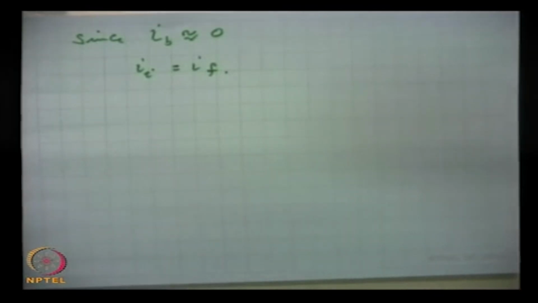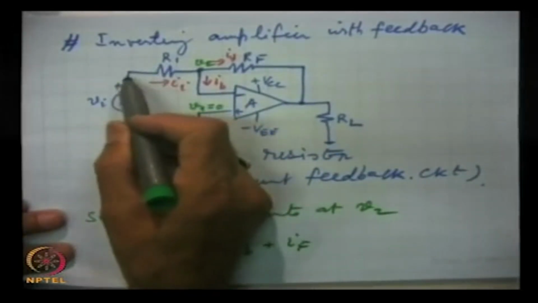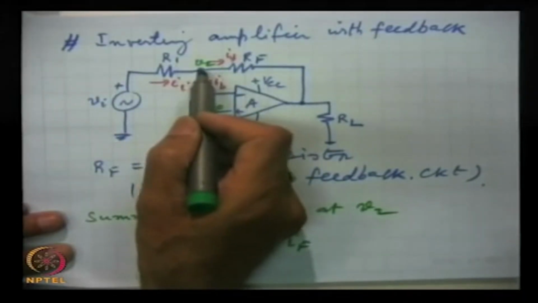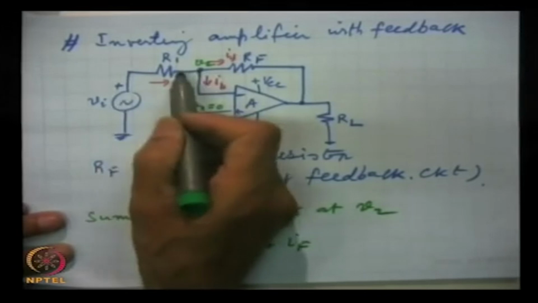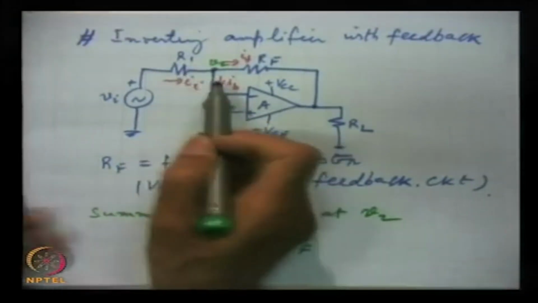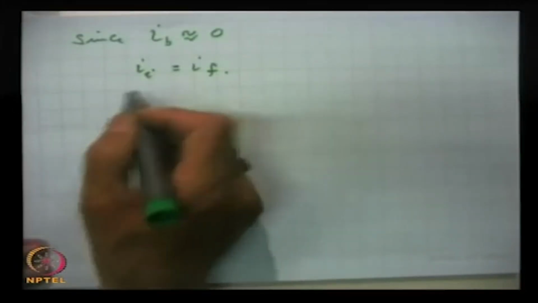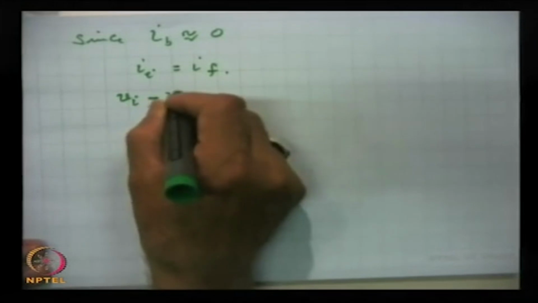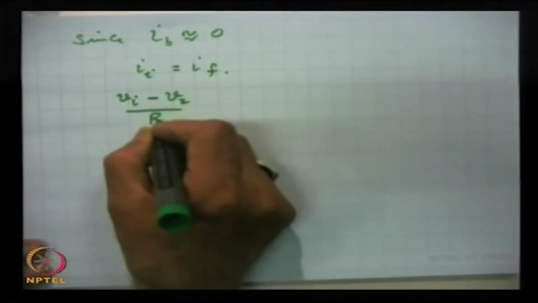Now, what is the value of II? In this terminal, one terminal is at the voltage Vi, the other terminal at V2. So, what is the current flowing through this? Simple Ohm's law, potential difference is Vi minus V2 divided by R1. So, this is this current, Vi minus V2 by R1.